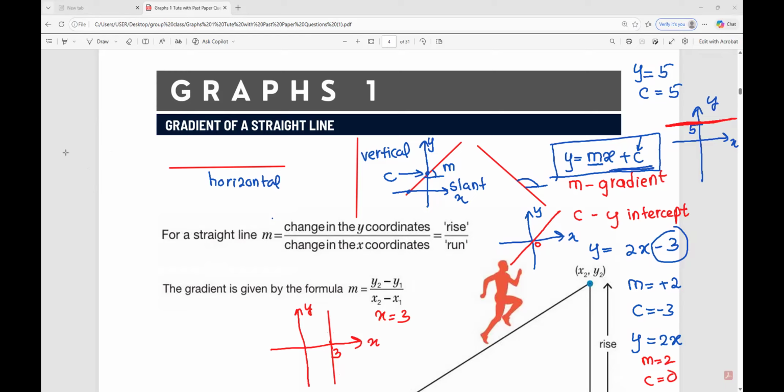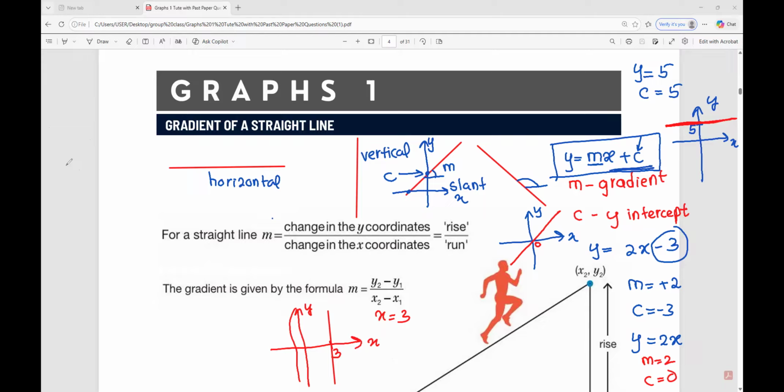There's no y-intercept, and we don't talk about gradient either. No y-intercept means it doesn't cut the y-axis. It is only cutting the x-axis. So these are the types of straight lines we are doing.